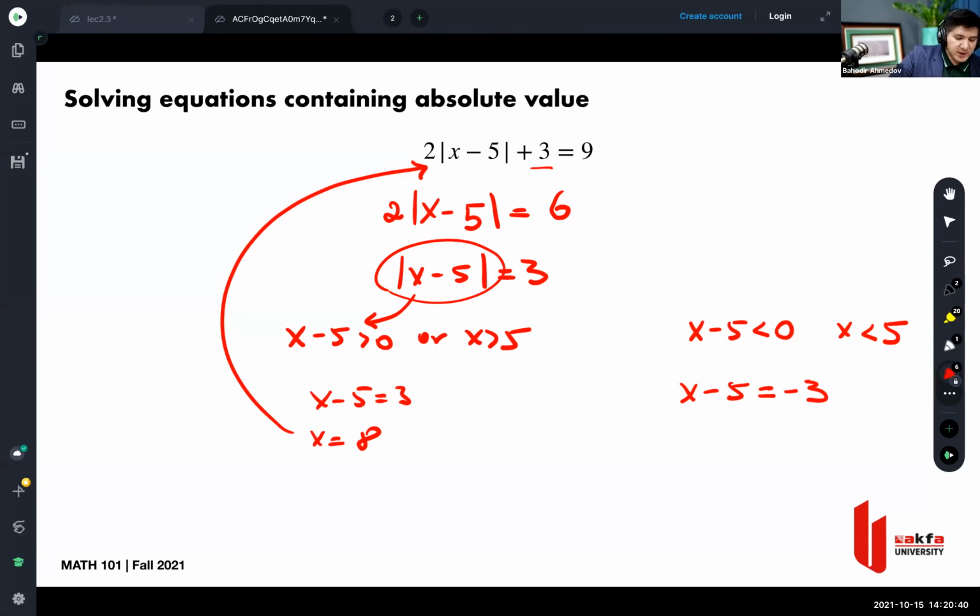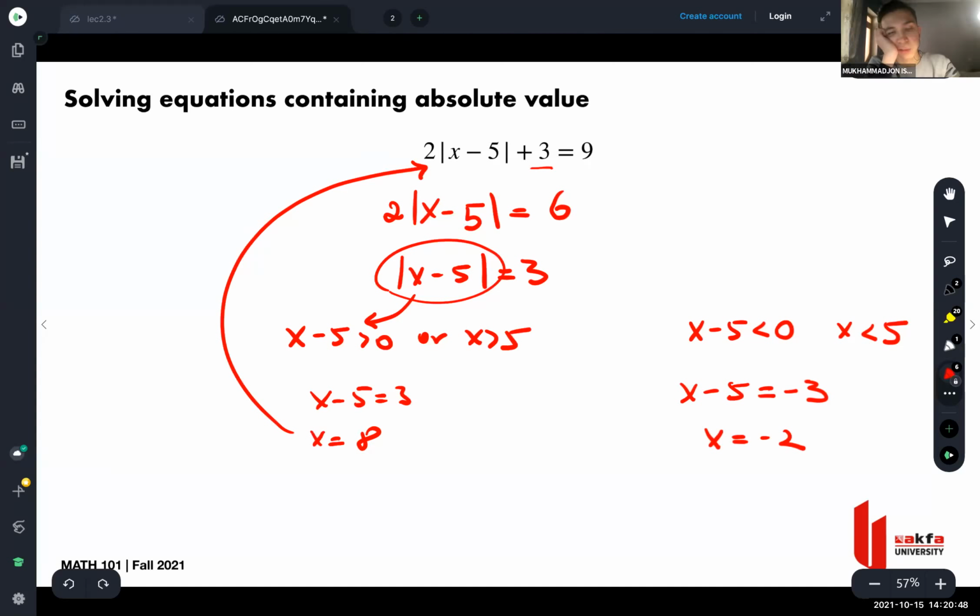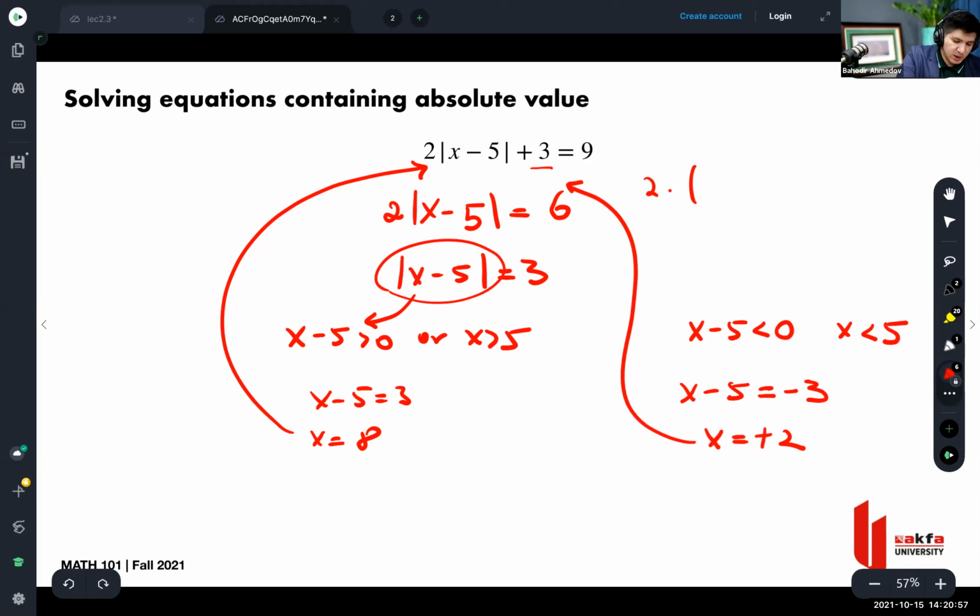If this number is negative, then you have to change its sign. It's going to be x is equal to plus 2, sorry, plus 2. And then again, I'm just going to check this. It's going to be 2 times the absolute value of 2 minus 5, which is going to be equal to 3, plus 3 is equal to 9. Okay? Then everything is going to be correct.